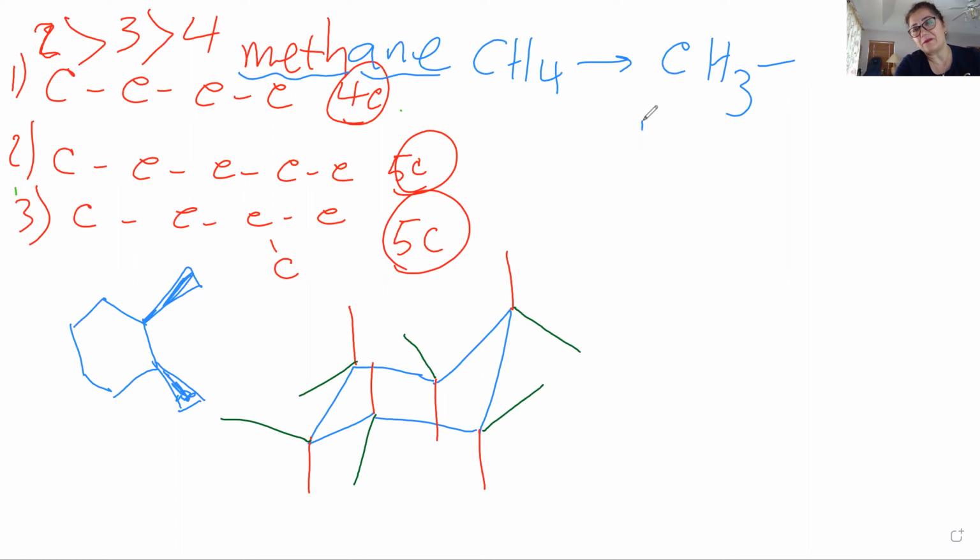So you have methyl. Methyl branching. If you have a carbon in a structure with less than 4 bonds, it is not a compound. It's most likely a branch that has to be attached to something else. So you have methyl, ethyl, propyl. So those are the names of the branches.